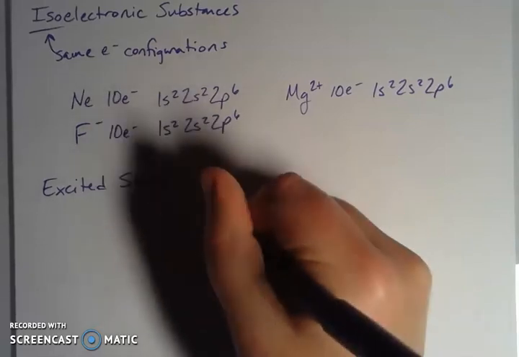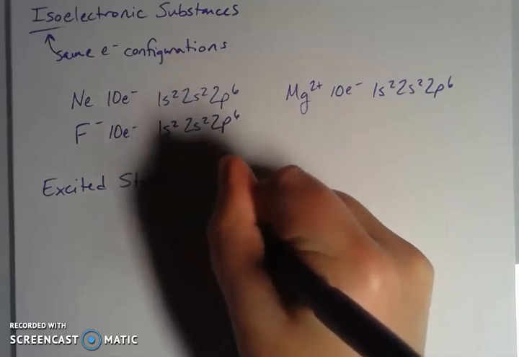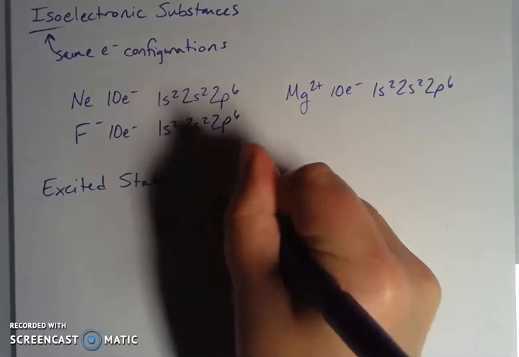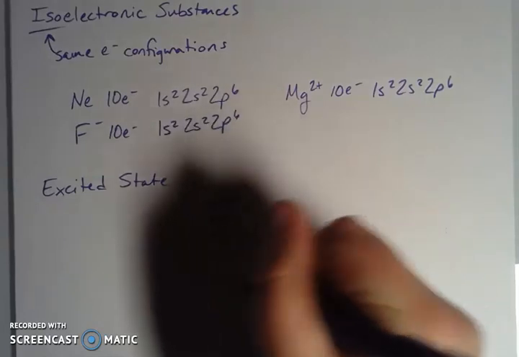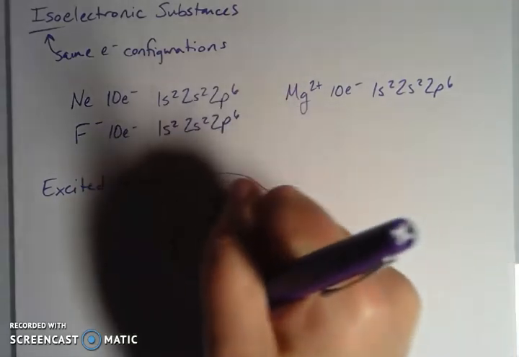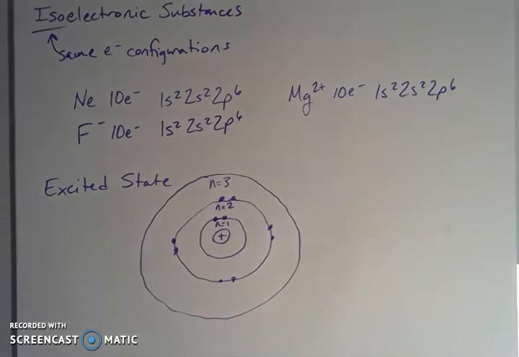Now we know that electrons, here's my principal quantum number 1 and 2. So if I have a full 1, and let's say I have a full 2, and here's my 3, my nice bullseye here, which if you've seen my videos, you know how terrible of a drawer of circles I am.